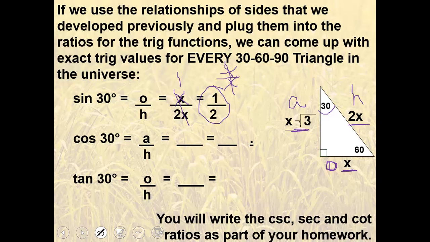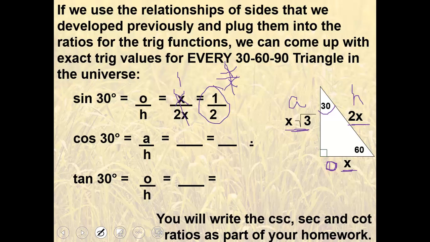The sine of every 30-degree angle in the universe, regardless of the shape of the triangle, regardless of the size of the triangle, the sine is always 1/2. The ratio of the opposite to the hypotenuse is always 1/2. That makes sense. Why? Because my hypotenuse is twice as long as my side opposite.